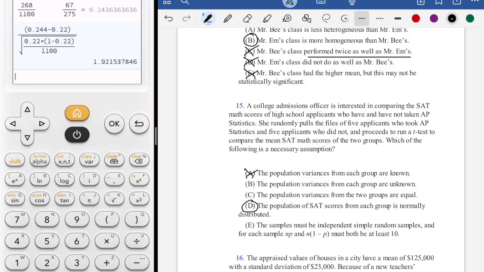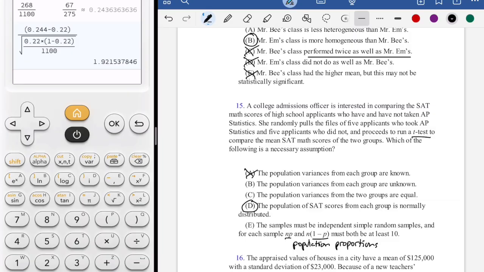And I also go back and look at the metrics here. We're investigating. She randomly pulls the files of 5 applicants and proceeds to run a t-test, right? So the things like n times p and n times 1 minus p, that's for a population proportion, right? That's the rule of sample proportions. That doesn't apply in a t-test.